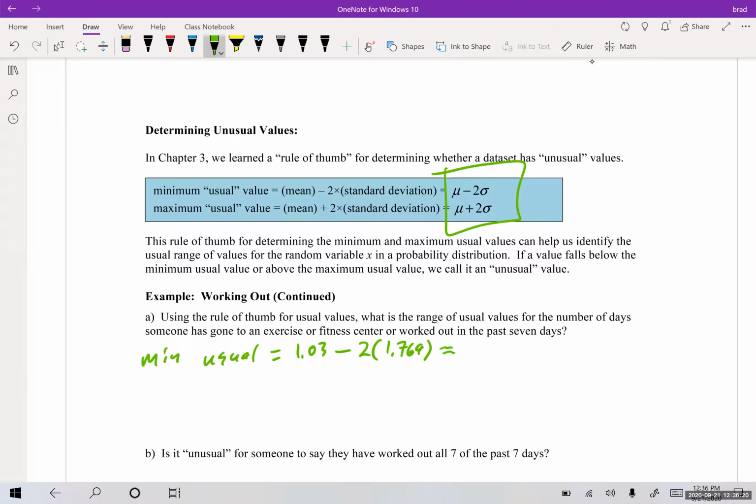And that is approximately equal to, so this is the minimum usual value. 1.03 minus 2 times 1.769, negative 2.508.